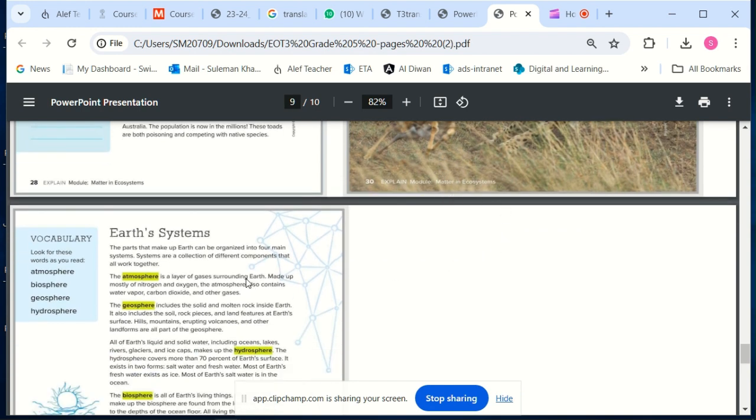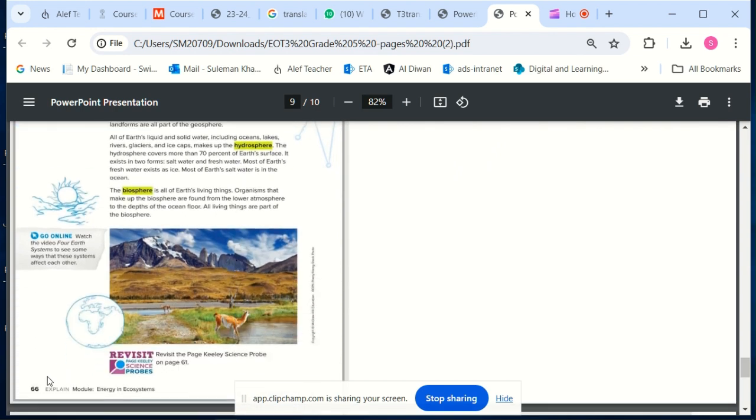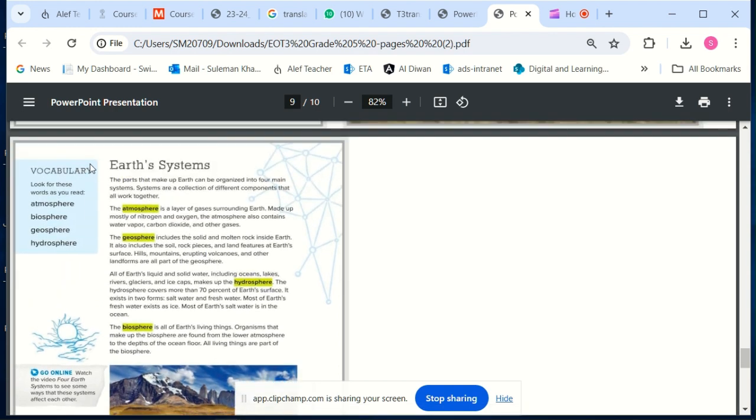So the next section that we're looking at is page 66 about the earth, أرض. The earth has 4 things. Atmosphere, هواء. Geosphere, حجر وتربة. Hydrosphere, ماء. And biosphere, أحياء. Atmosphere is all the هواء on أرض.